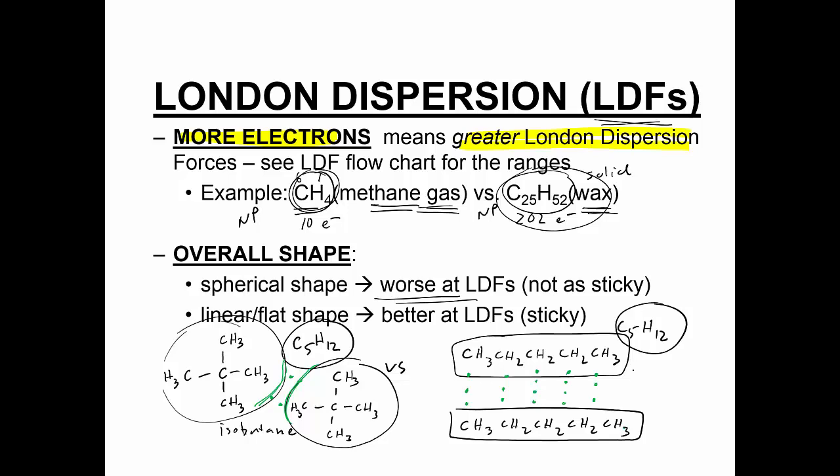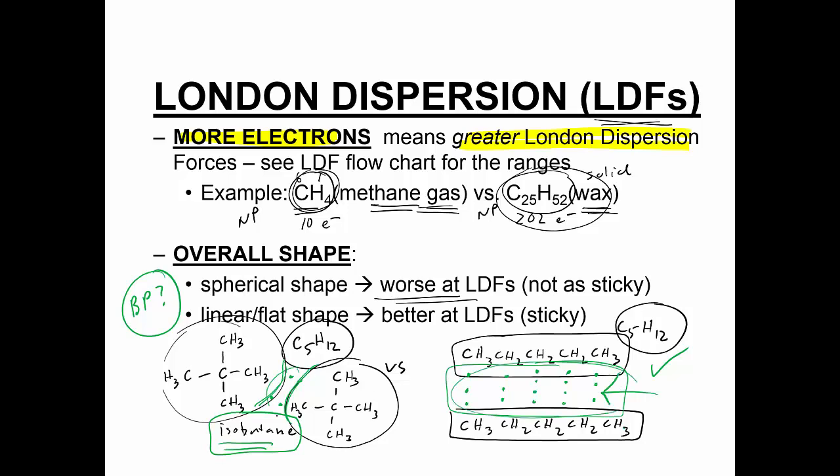I'll try this in class. We'll look up the boiling point of isobutane, or perhaps you could do it on your own. All you really have to do is type in isobutane boiling point, and then type in pentane boiling point, and you'll see that this one has a much higher boiling point because it's going to take a lot more heat to separate all of these intermolecular forces here.